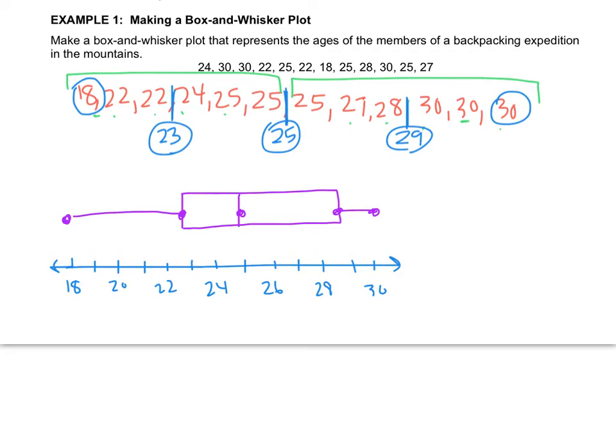And this shows you the spread. You see, each section represents 25% of the data. It's set up into quarters. So you can see that 25% of the data is squished into this tiny little whisker over here.